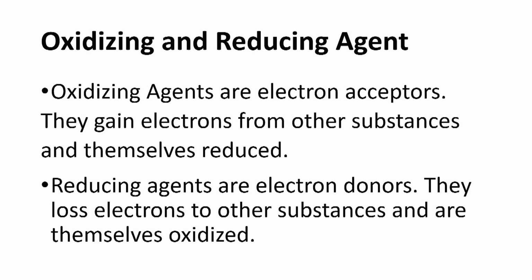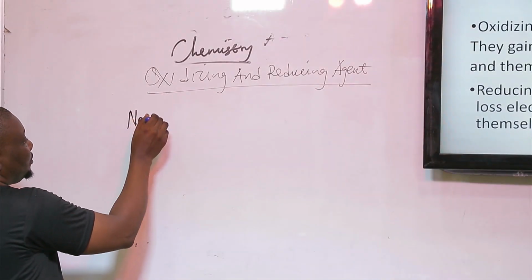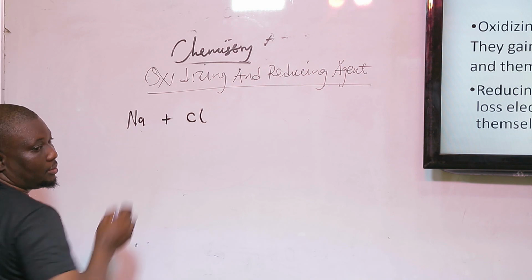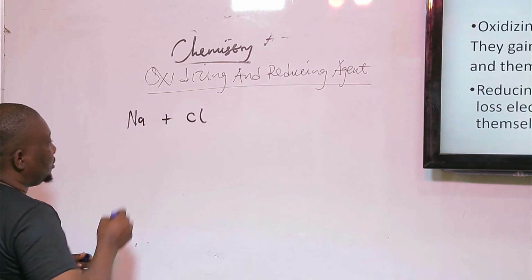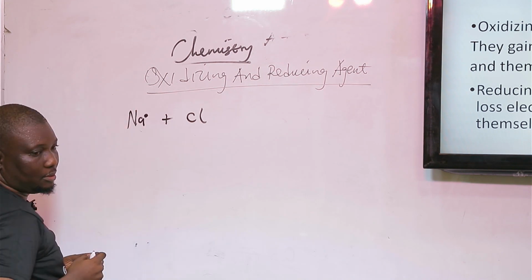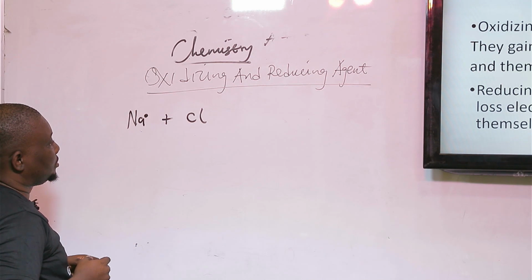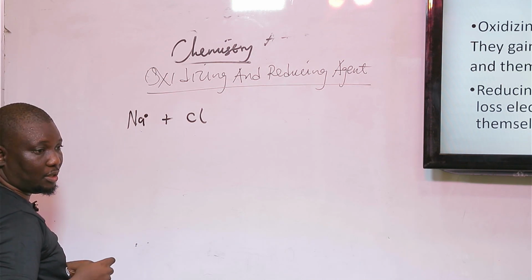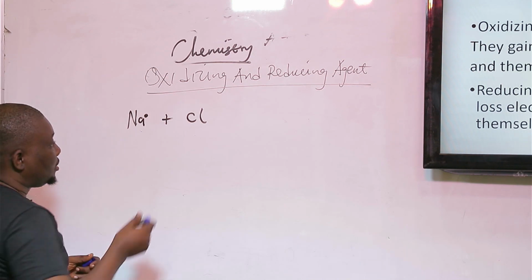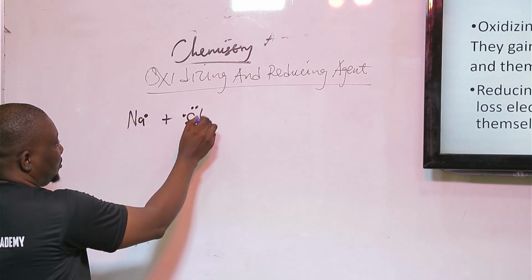Okay, I'll give an example. Supposing we have a sodium atom plus a chlorine atom. The number of atoms sharing an electron here is 1. Let me use dots to represent the number of valence electrons of sodium, and then 7 in the outer shell of chlorine.